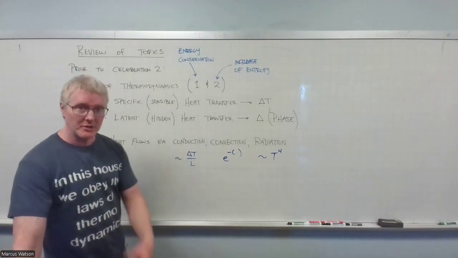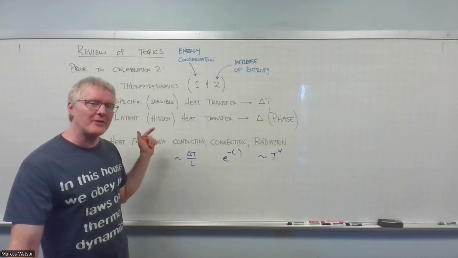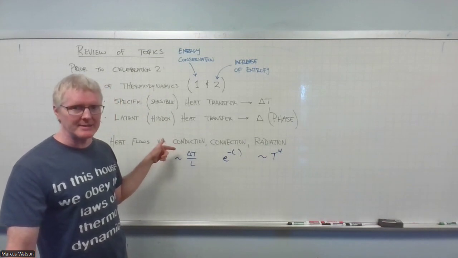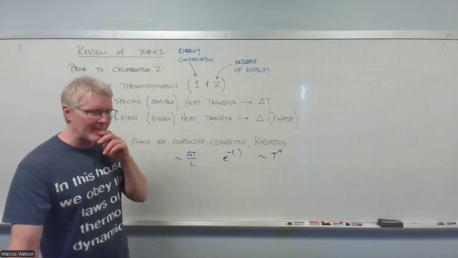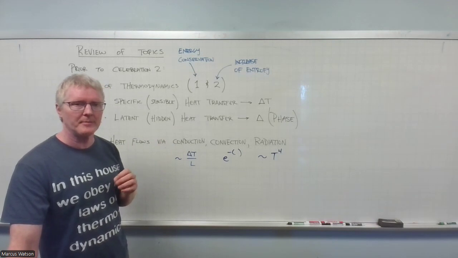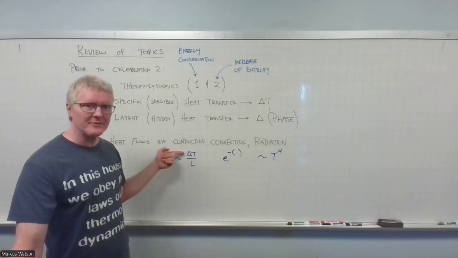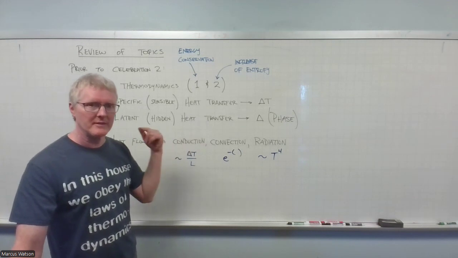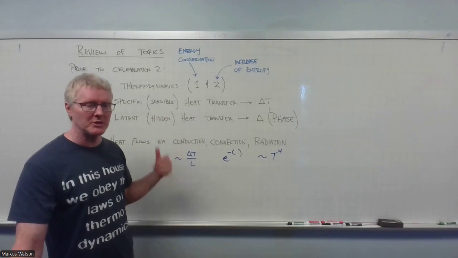This delta T is not a change, but it's rather a difference. I'd much prefer to write this as the gradient, but I'm told that I can't assume knowledge of the gradient prior. So we're going to use the difference in temperature, and we're going to divide by the thickness through which the heat flows. In other words, the separation in space between the two temperatures.